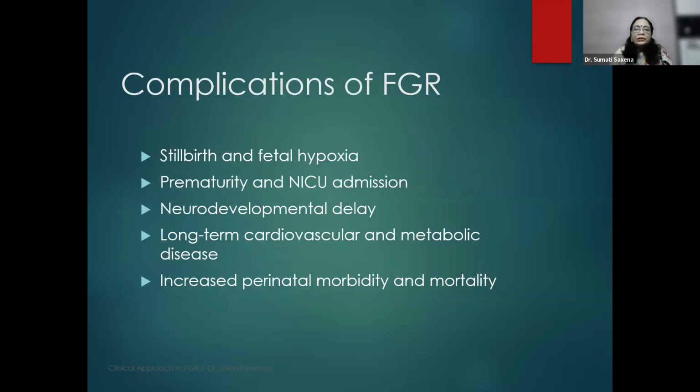Now we'll talk about the complications of FGR. The most common complications are stillbirth or fetal hypoxia, prematurity and NICU admission, neurodevelopment delay, long-term cardiovascular and metabolic disease, and all of these lead to increased perinatal morbidity and mortality.